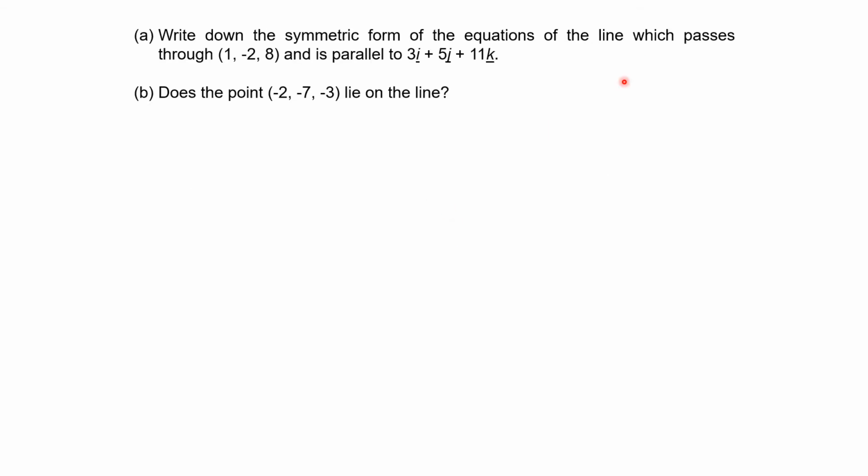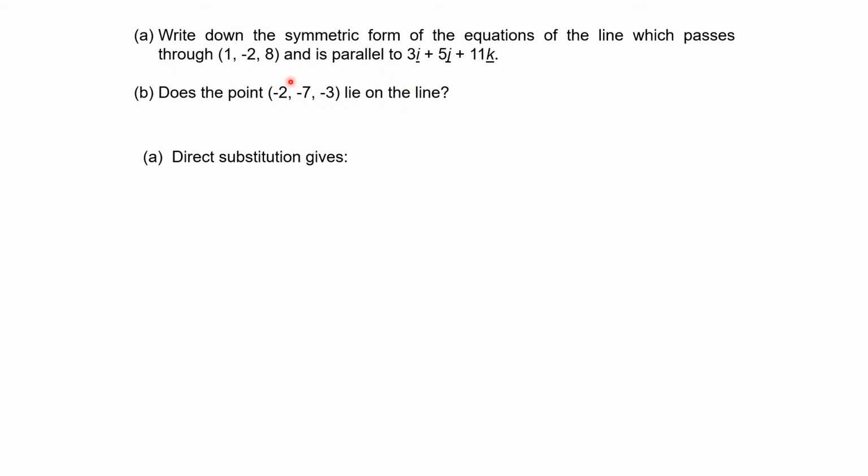Now, if you need to write down the symmetric form of the equations of the line which passes through (1, negative 2, 8) and is parallel to 3i plus 5j plus 11k, it's very clear. The point (1, negative 2, 8) is one of the points the line passes through, and the vector parallel to the line is known as the direction vector.